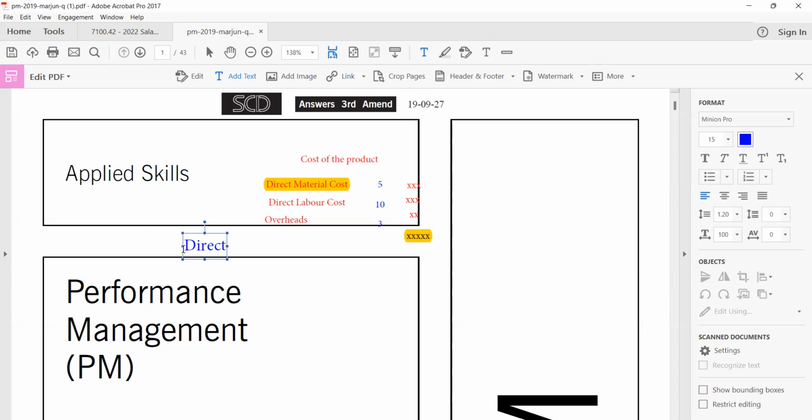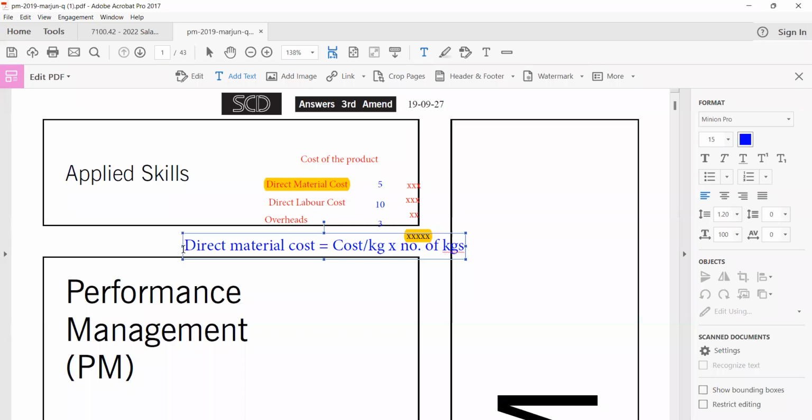So direct material cost is calculated as the cost per kg times the number of kgs. The number of kilograms.